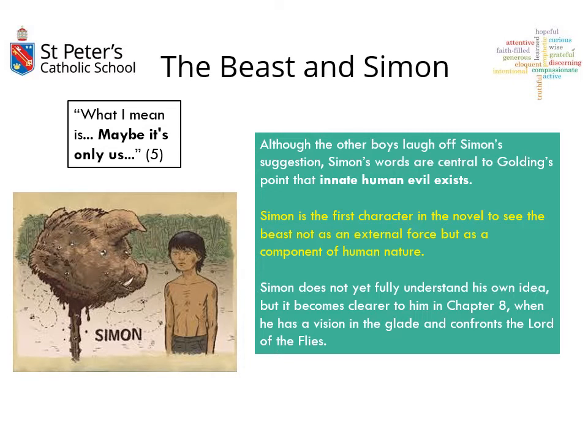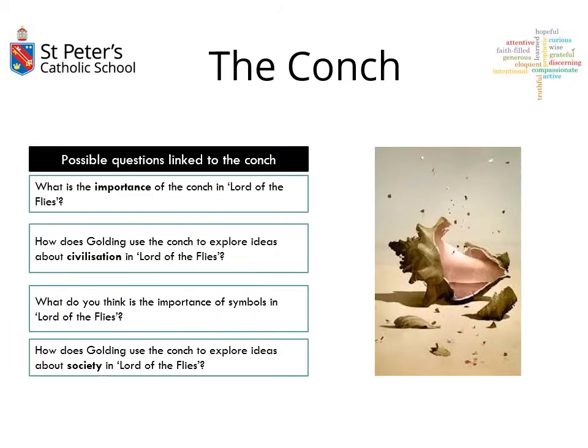We see him able to confront the Lord of the Flies and see that actually what he thought was true, even though he couldn't fully put it into words. We see that with the hesitation in the chapter 5 quotation. He couldn't put it more succinctly than maybe it's only us. We see him get that realisation in chapter 8 in front of the sow's head.